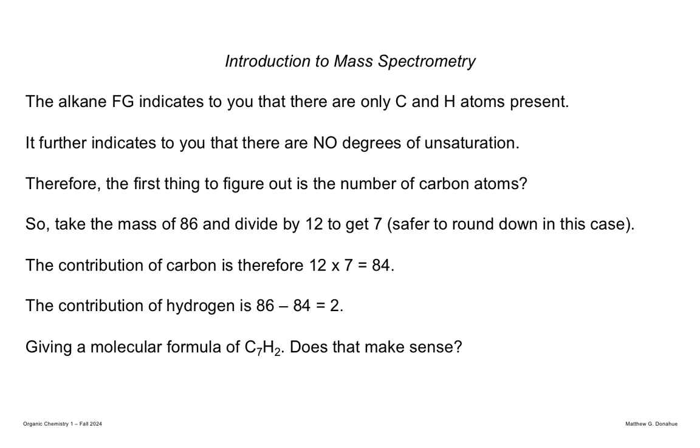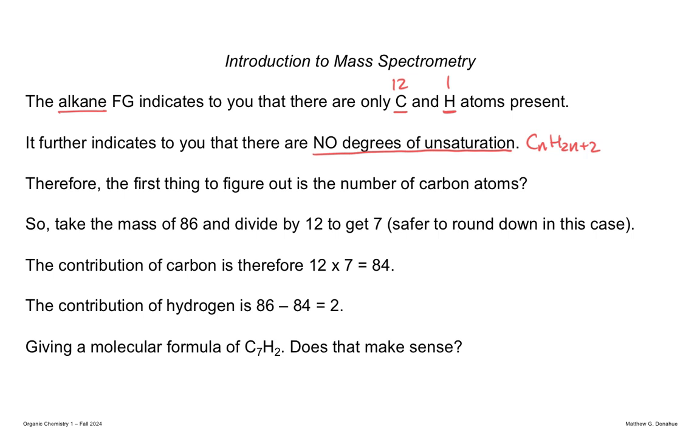So to recap our thought process here, the alkane tells you that there's only C and H present, so you're dealing with atomic masses 12 and 1. Because it's an alkane, there's no degrees of unsaturation. That was the CnH2n+2.